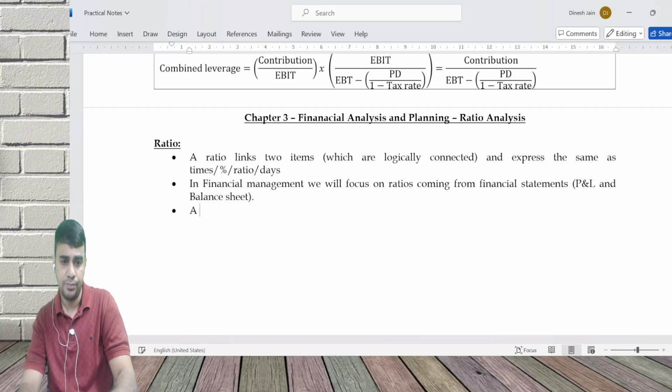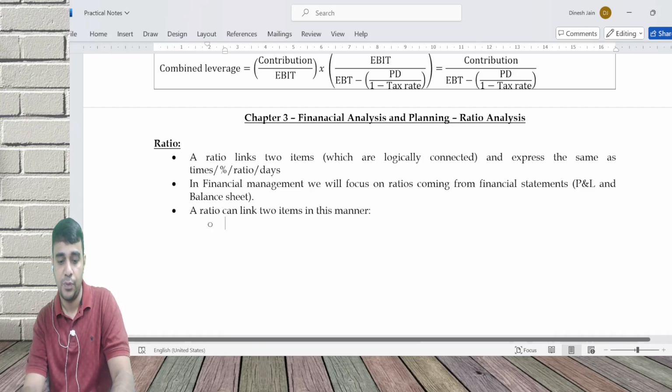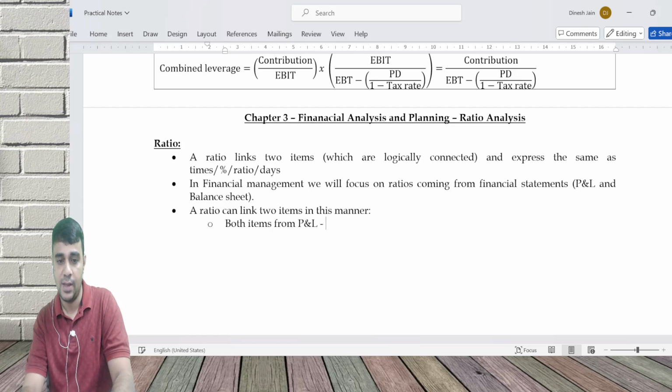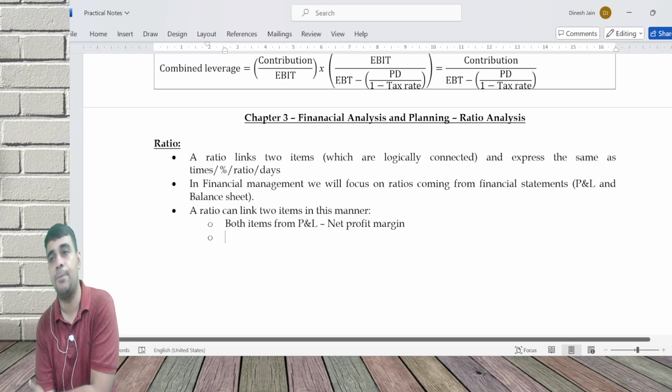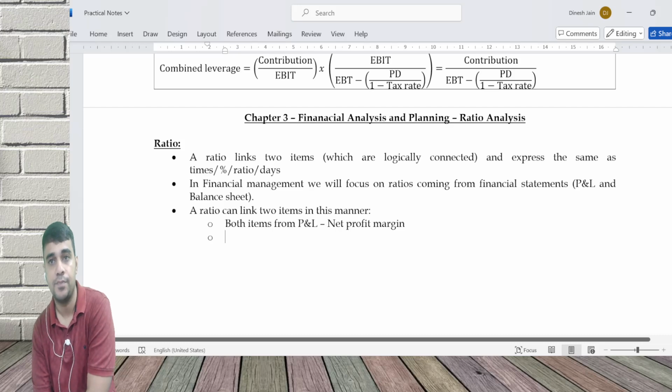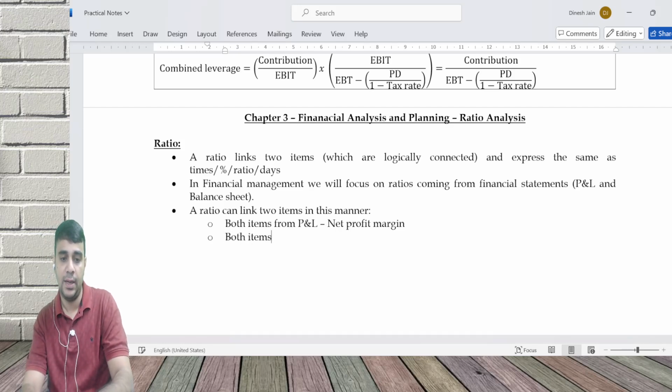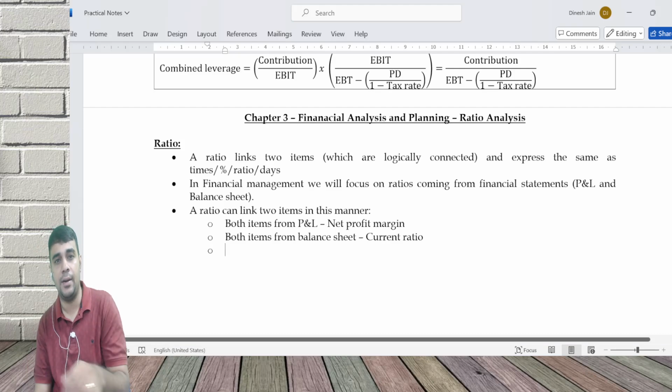Now write a ratio. A ratio can link two items in this manner. Both items from P&L. Example, net profit margin. One example I'm giving. Both items from P&L, net profit margin. Both items from balance sheet, current ratio.